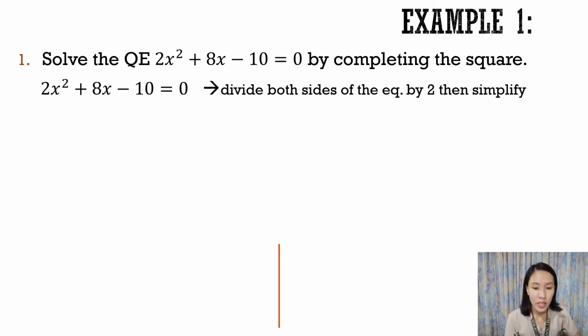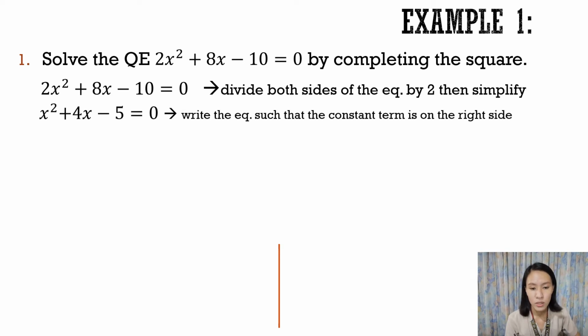Our value of a should be 1. Since the value of a here is 2, we need to divide both sides of the equation by 2 and then simplify. The resulting equation will now become x squared plus 4x minus 5 is equal to 0.